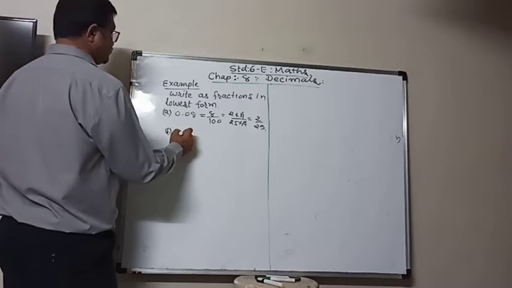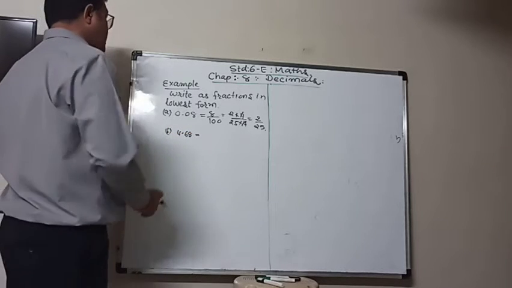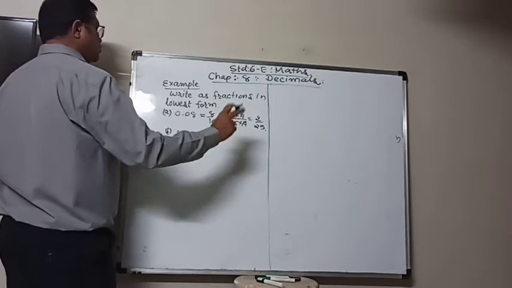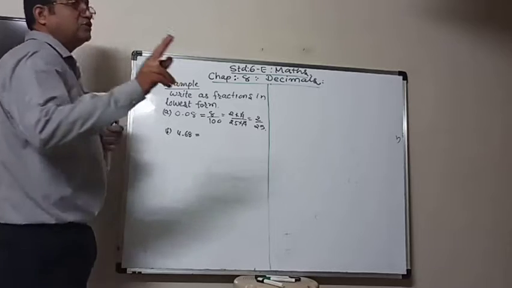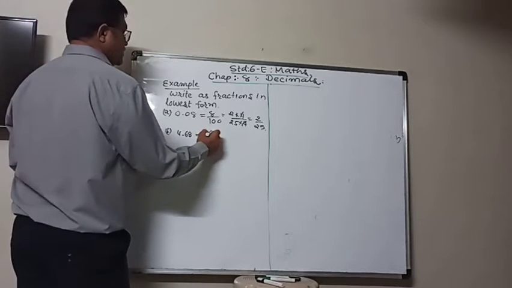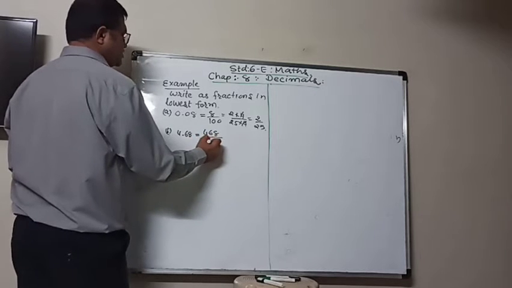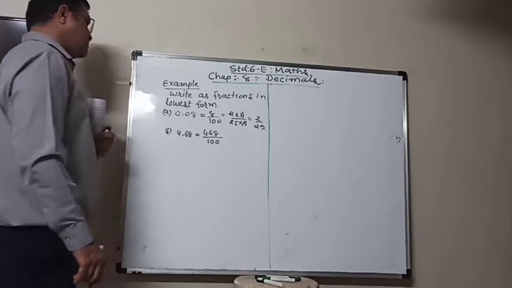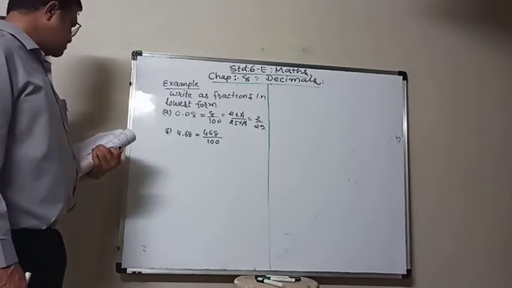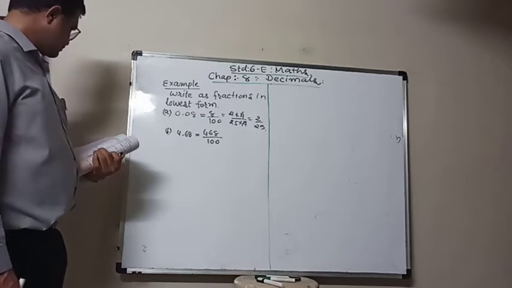Let's take another, 4.68. Now here after decimal there are two digits, or you can say there are two decimal places. So if you take out the point, because there are two digits, you have to put two zeros, means 100. Now 468 upon 100.